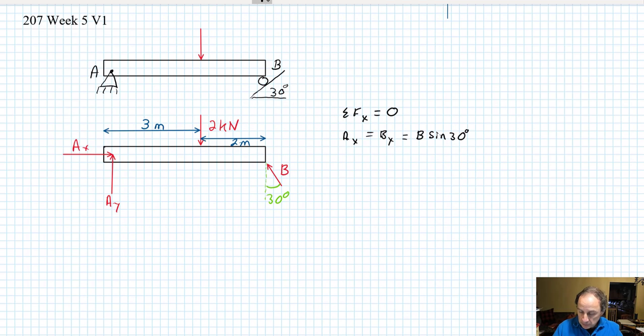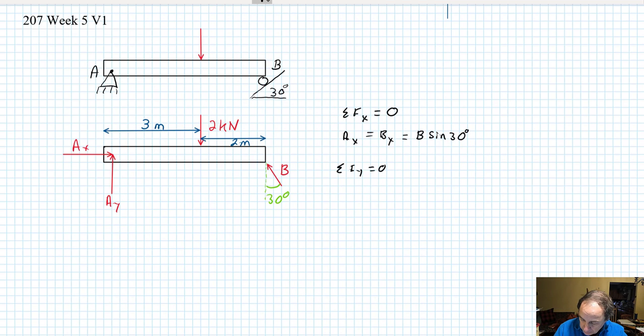Now summing the forces in the y direction for static equilibrium in the y direction. Starting at the top, forces pushing down have to equal forces pushing up.